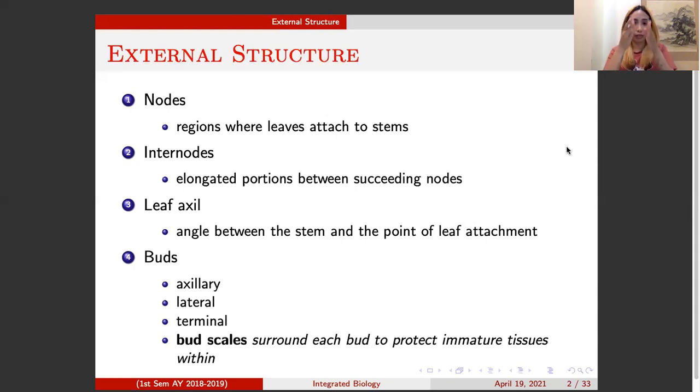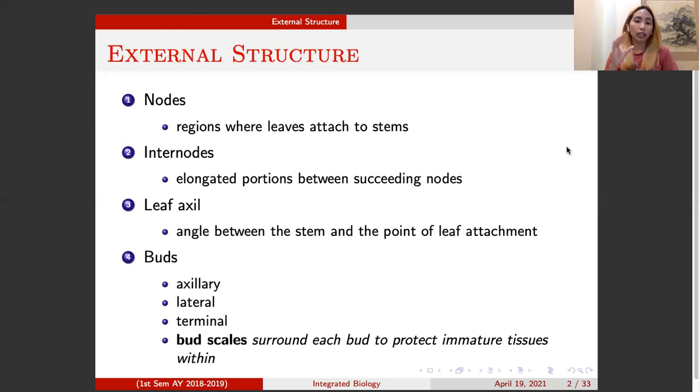The stem is a little expanded in that area, and that is where you will find the leaves attached to the stem. Later on, we have a diagram to show this just to help guide you. Then in between two nodes, there is an elongated space occupied by this part of the stem, which we call the internodes.